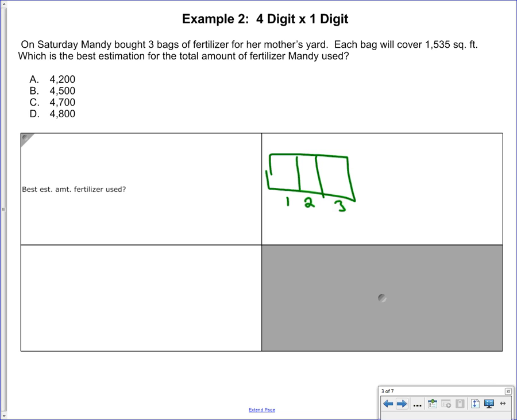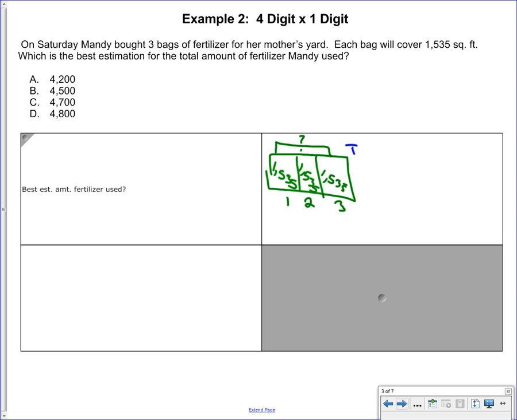Each one covers 1,535. And I want to know what my total is.